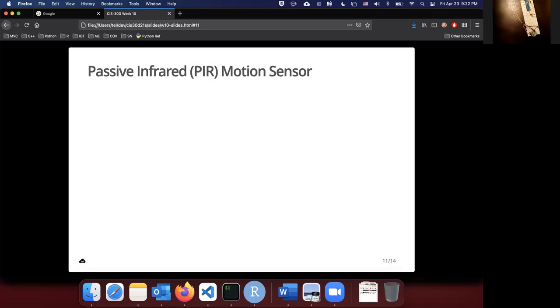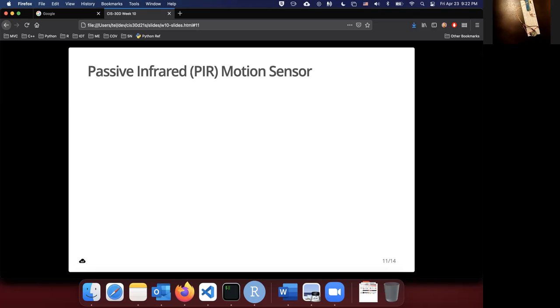Now, the specific type of motion sensor we'll talk about is the passive infrared motion sensor. Passive means it does not generate energy, it only detects the energy from the environment. And the infrared is what we just talked about.